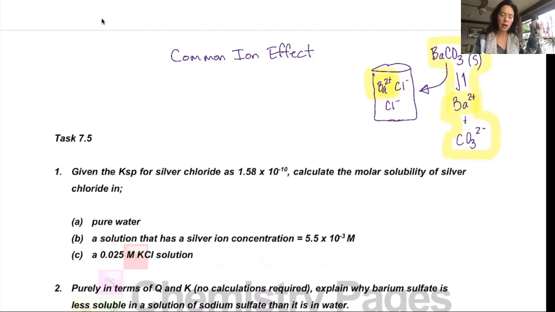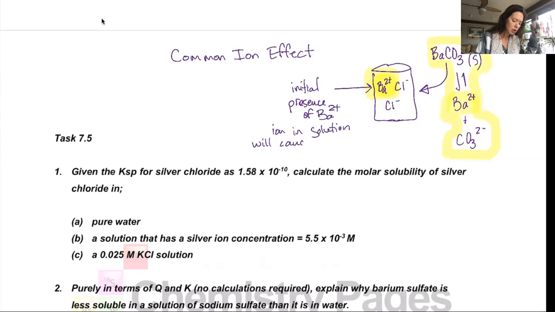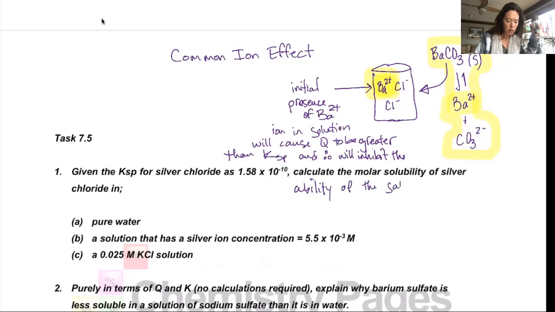So the common ion effect occurs under a situation as such, and the initial presence of barium ion in solution will cause Q to be greater than KSP, and therefore will inhibit the ability of the salt to dissolve and produce more ions.